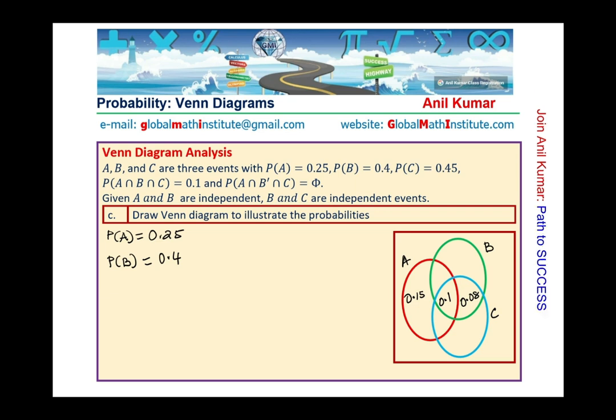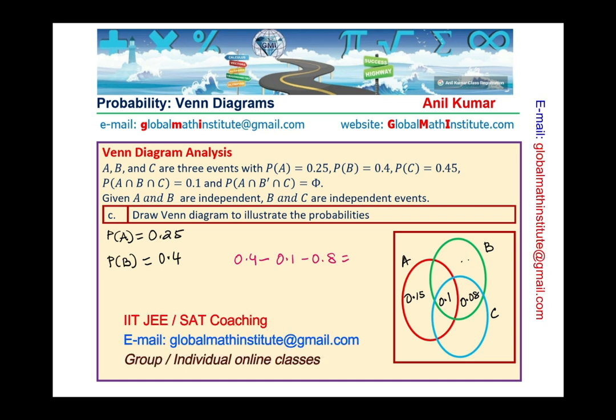To get this region here, it will be how much? We can calculate 0.4 minus 0.1 minus 0.08, right? So 0.4 minus 0.18. So that gives us 0.22.